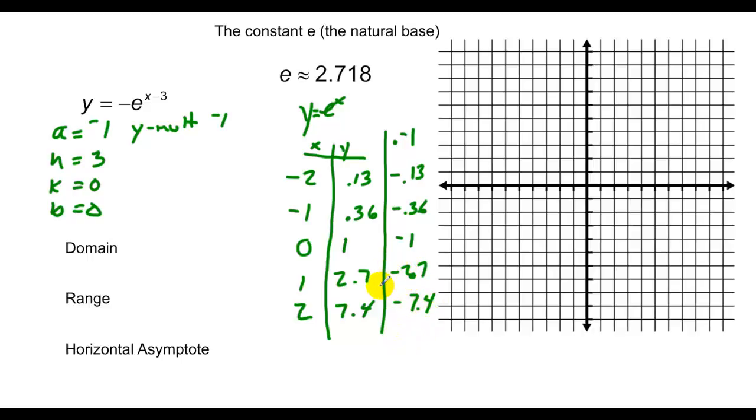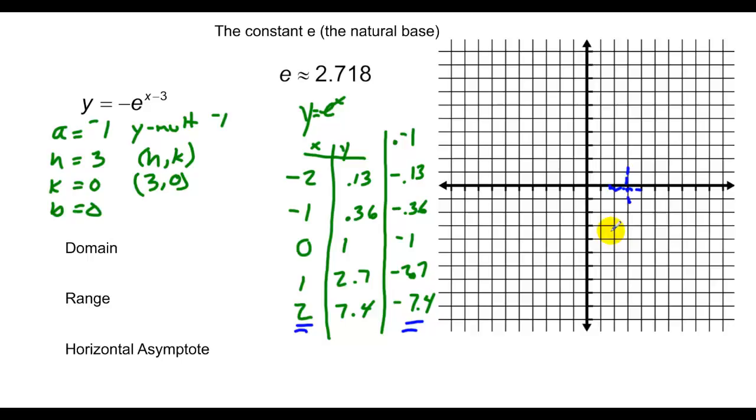And what we're going to do is graph this pattern from our translated origin. Our translated origin is our hk value, which in this case is 3, 0. So I move over to 3, up 0, and put my little crosshairs, if you will, for our translated origin. And now I'm going to graph these x's and these y's from this new origin.